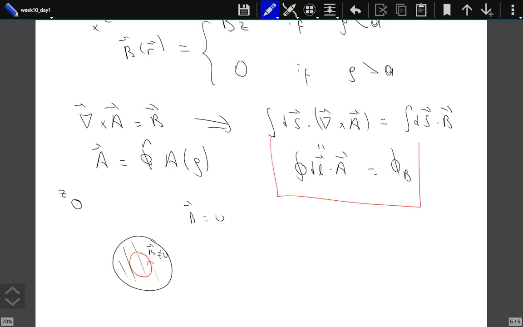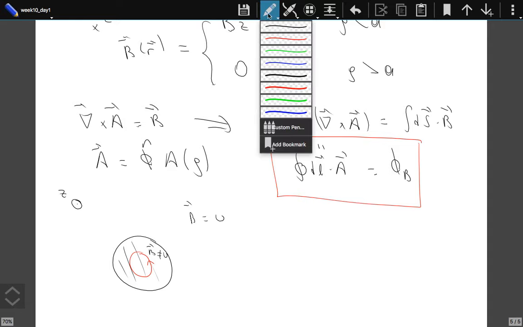You see, I have this relation over here. If you have any closed loop, if you integrate the vector potential around that loop, whatever your loop is, then it should be equal to the magnetic flux enclosed by the loop. So that's my relation, and it holds for any loop. So it should hold for this particular loop also, since it holds for anything.